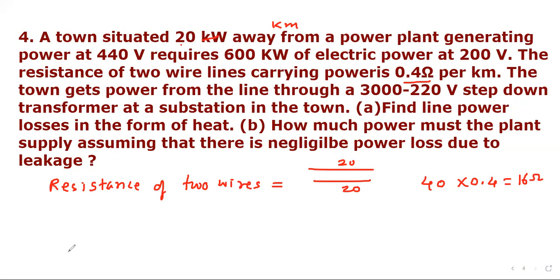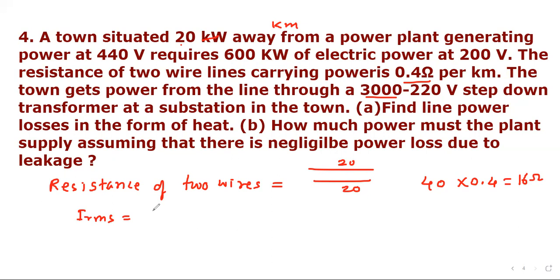Now IRMS we can find. The power is 600 kilowatt and the supply is 3000 volt.